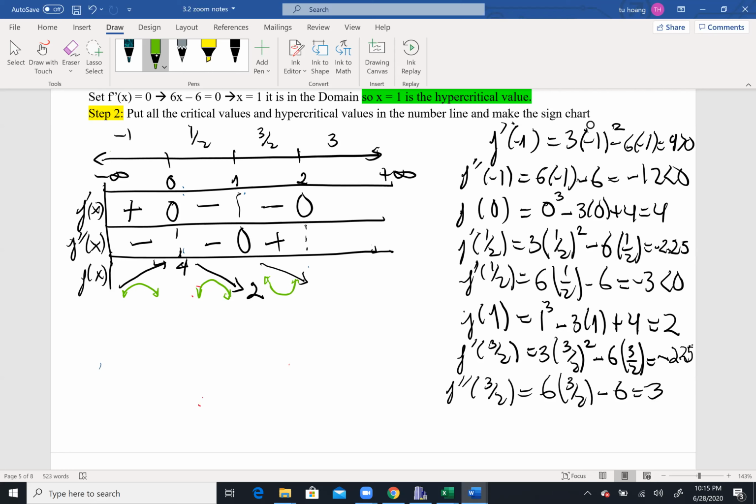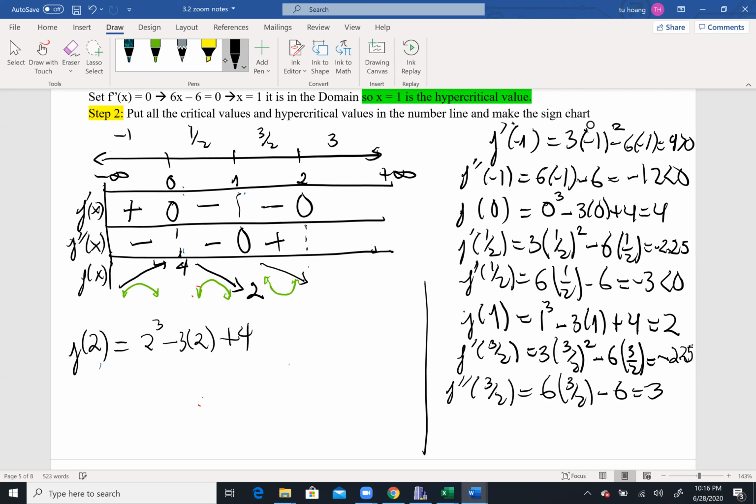Now we will check f at x equals 2. So I'm going to move to the left here. Say f(2) equals what? f(2) equals 2 cubed minus 3 times 2 plus 4.